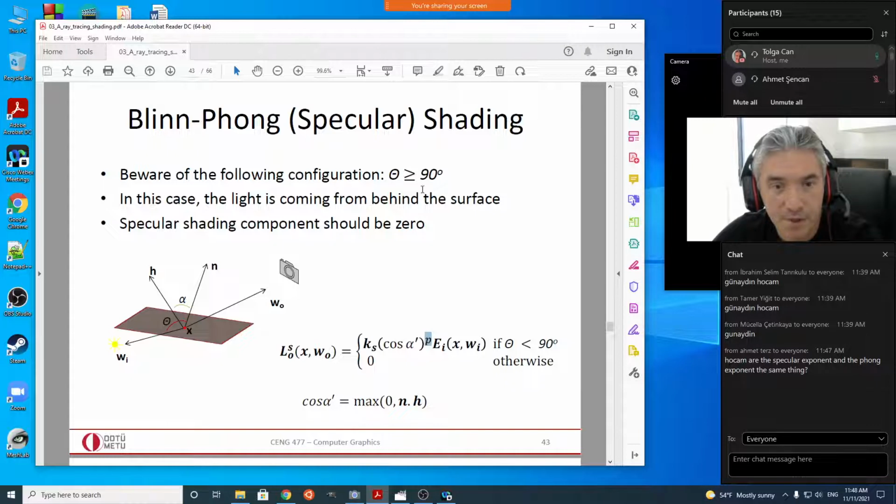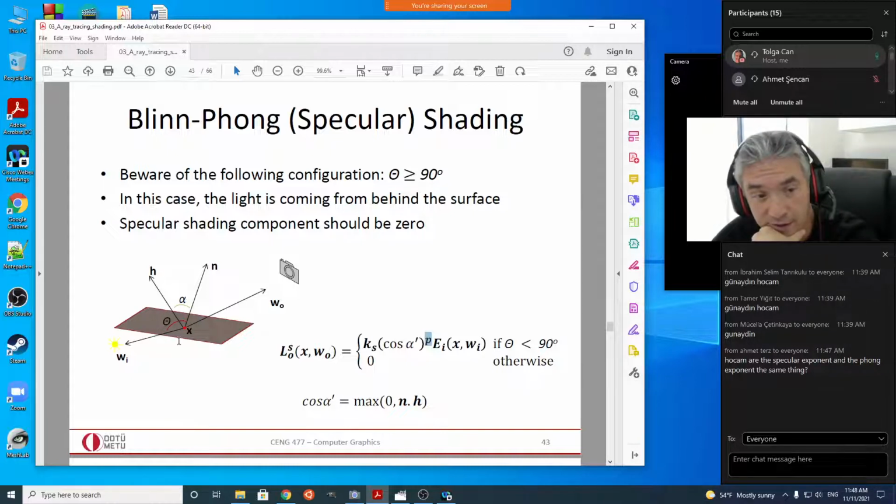So this slide is actually one of the correction slides here, I think in specular. In order to make sure we compute the specular patch correctly, we need to also make sure this angle theta is not larger than 90 degrees. We need to first check.